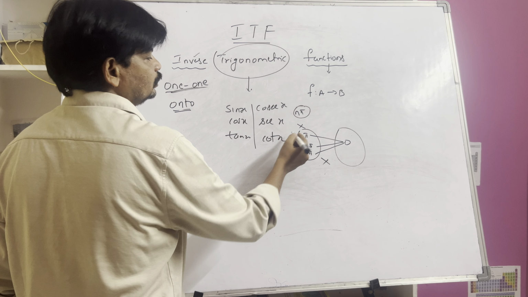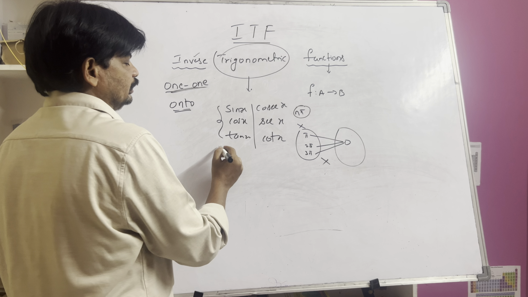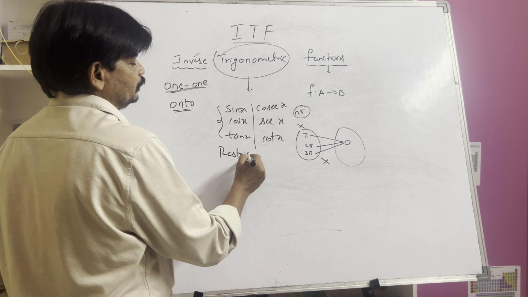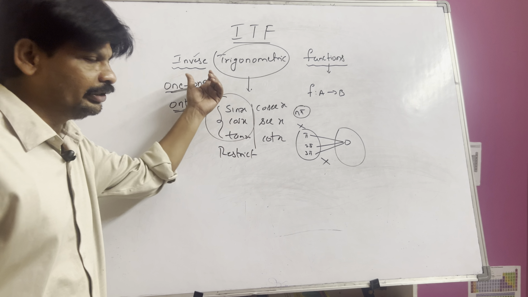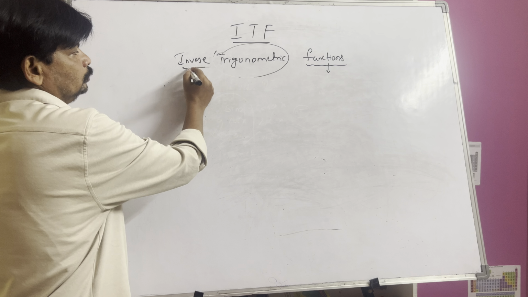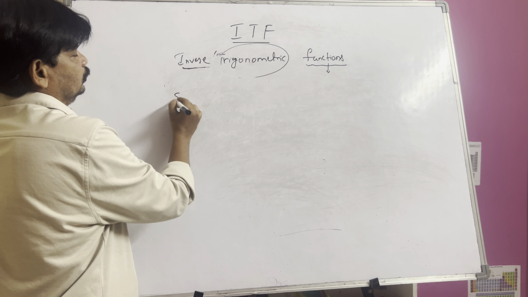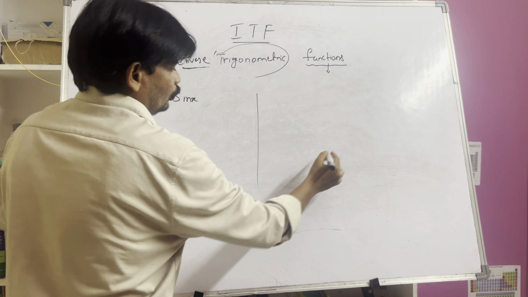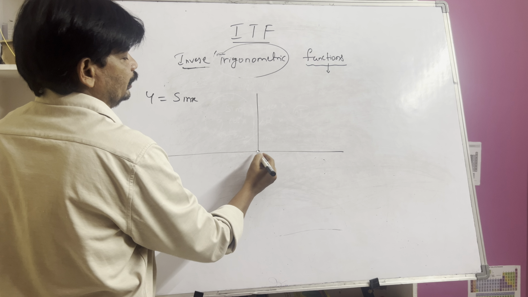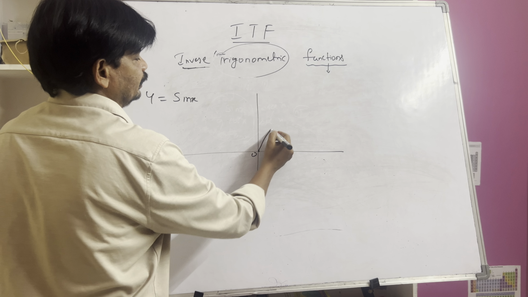To avoid this, we have to restrict the domains of the trigonometric functions to get the inverse. For example, y is equal to sin x. If you draw the graph, we know that the sine graph is something like this.